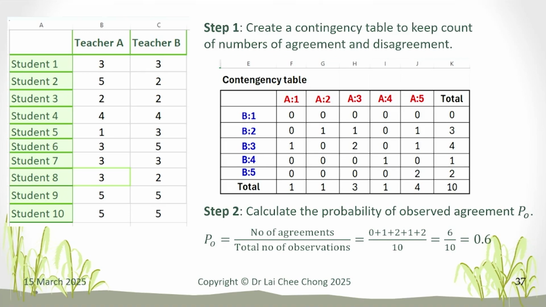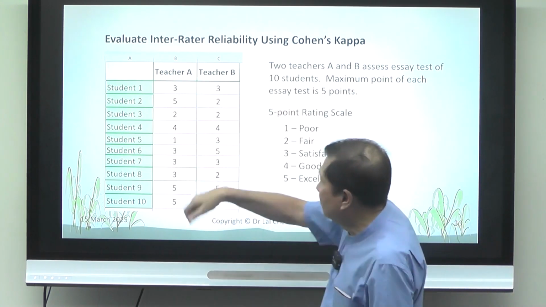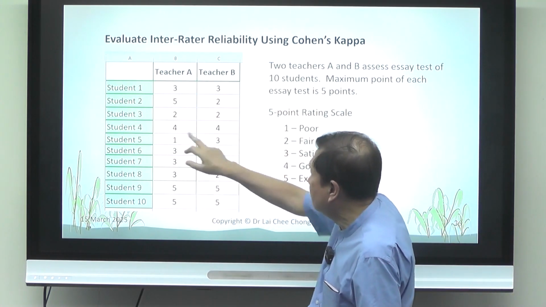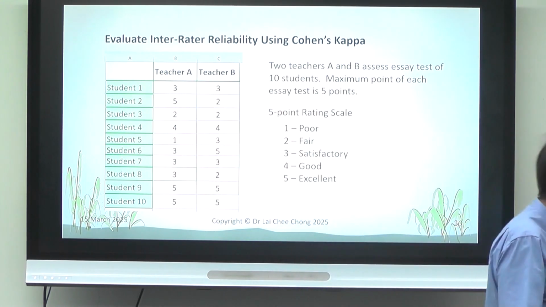Now, after I've done that, I have to create what we call the contingency table, which is a 2x2 table. You get a 2x2 table here. Now look at this table here. That's why the word sounds like chi-square, am I right? Chi-square, this word is called this table, by the way.